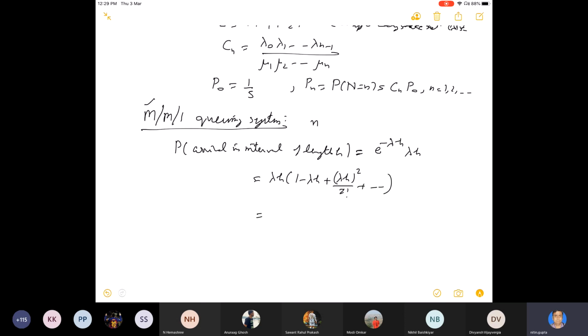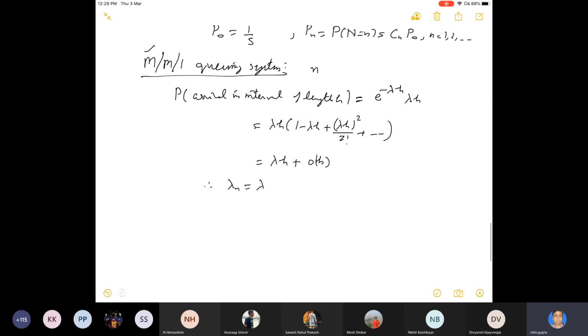That means this is lambda h plus something of order small o(h). So therefore lambda n is lambda, because we know that inter-arrival times are exponential and service time is exponential. So therefore this is a birth and death process.